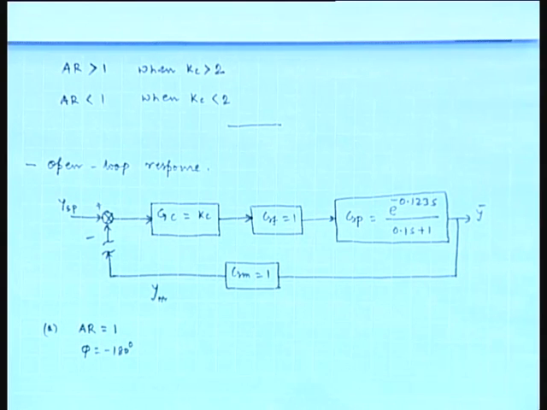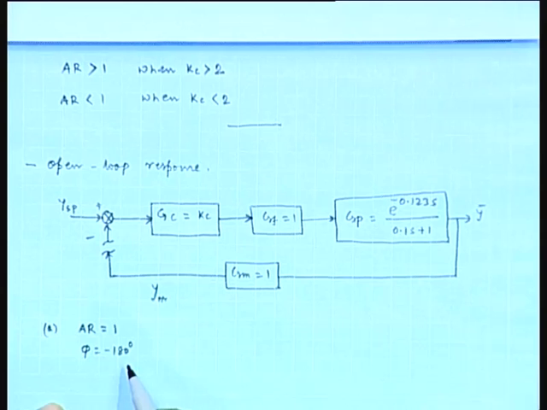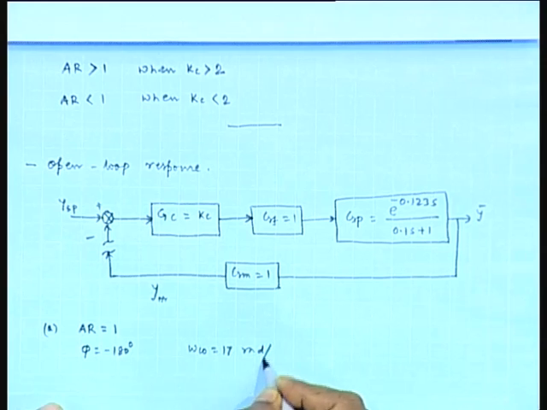If we consider phi equal to minus 180 degree, we obtain crossover frequency 17 radian per minute.